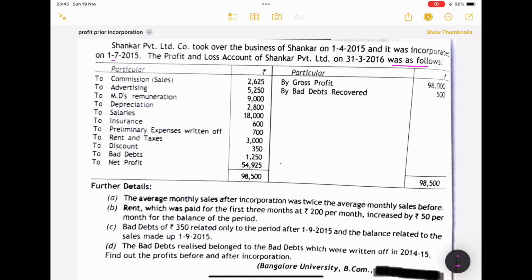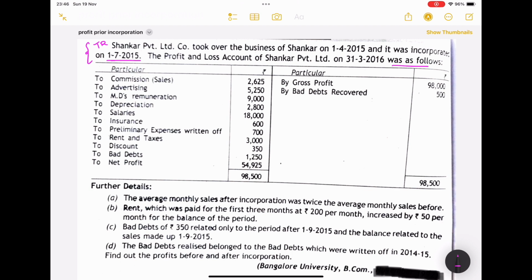The first two lines, as usual, are related to the time ratio information. The company was incorporated on 1st July, so April to June is the pre-incorporation period, and July to March is the post-incorporation period. So we are going to take the number of months and identify the time ratio there.